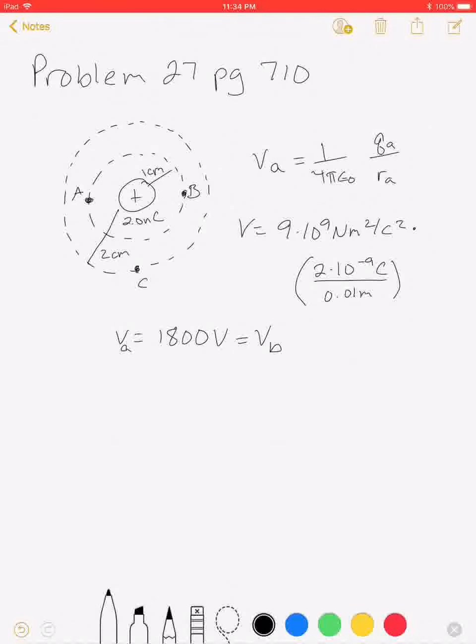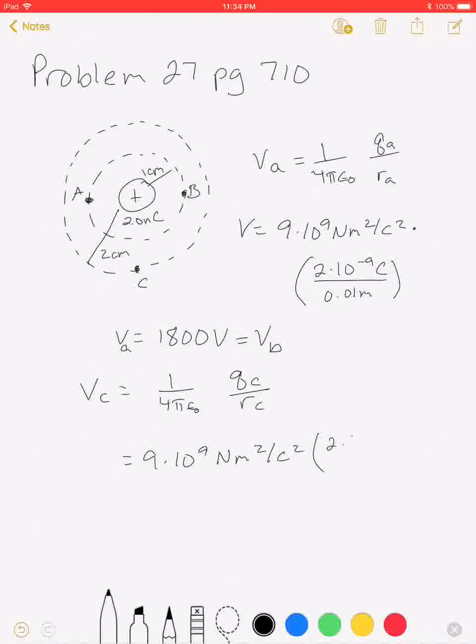To get C, we're just going to use the same equation, but we're going to make the distance longer because it's 2 centimeters away. So we're going to have 1 over 4 pi epsilon naught times QC over RC, 9 times 10 to the 9th Newton meters squared per coulomb squared.